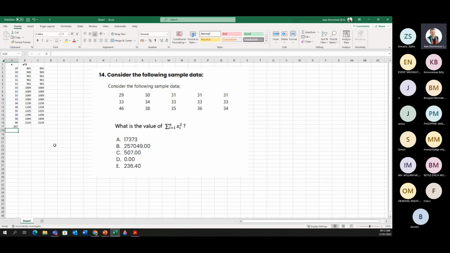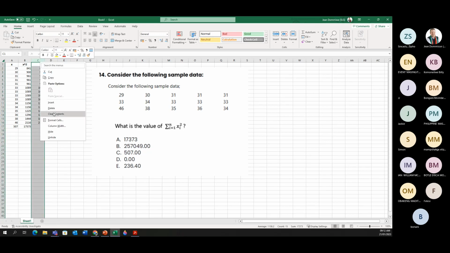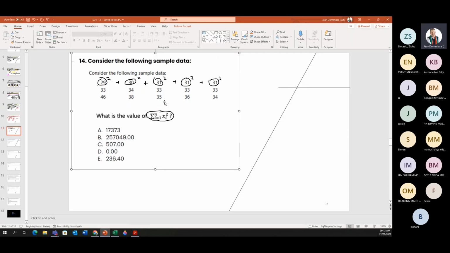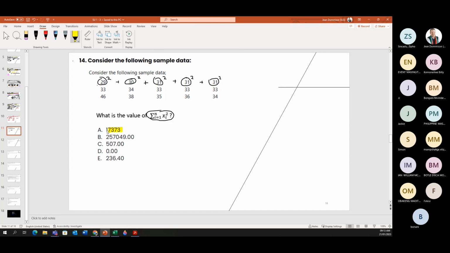So we basically multiply and then add all of them, and then our answer would have been option A.